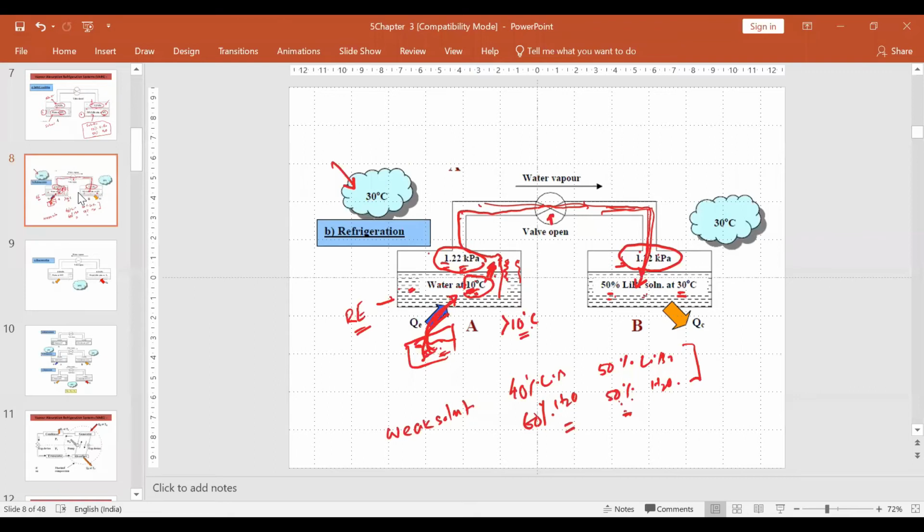Now, if the percentage of lithium bromide decreases, the behavior of the solution again changes.